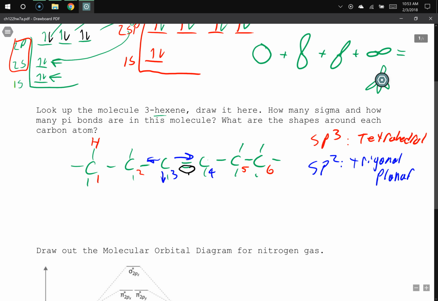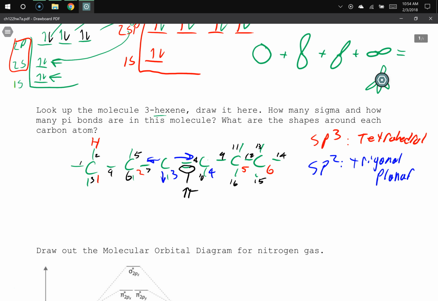This double bond is my 1 pi bond, and every single other bond, 1, 2, 3, 4, 5, 6, 7, 8, 9, 10, 11, 12, 13, 14, 15, 16. Is that 16? Did I miss anything? Looks like 16. Those are all sigma bonds. So I've got 16 sigma bonds and 1 pi bond. If I missed one, sorry about that. I think I got them all.